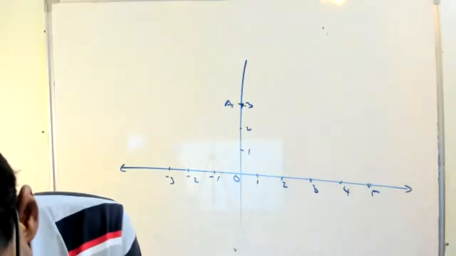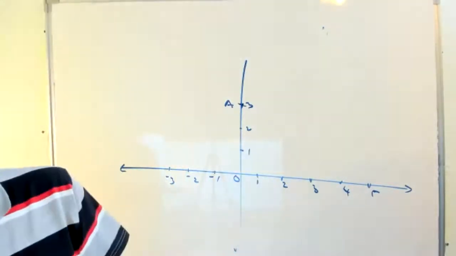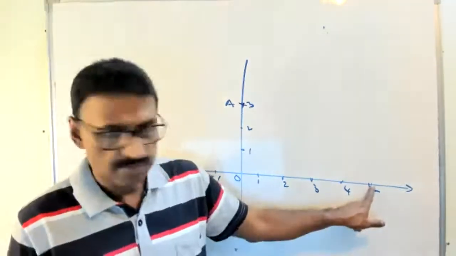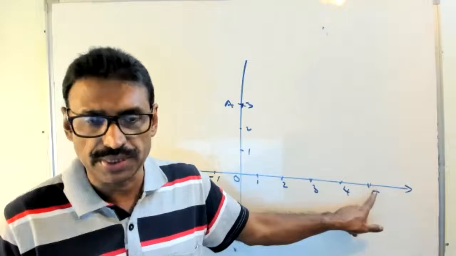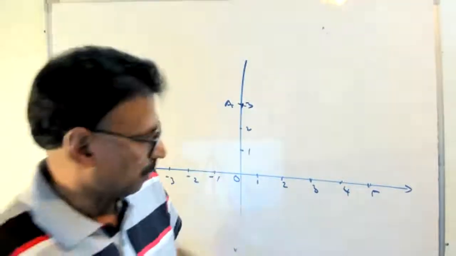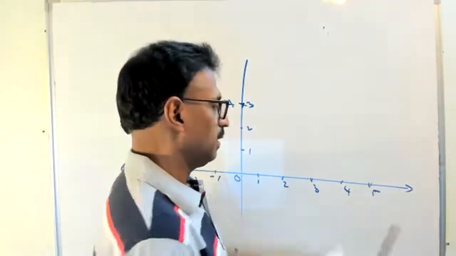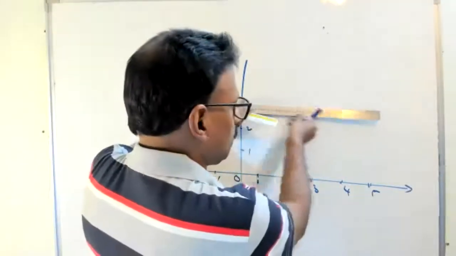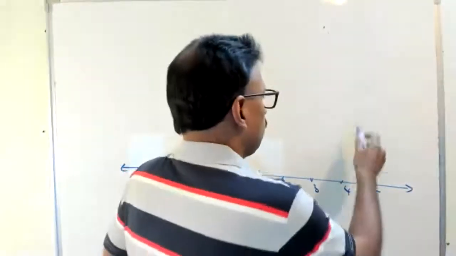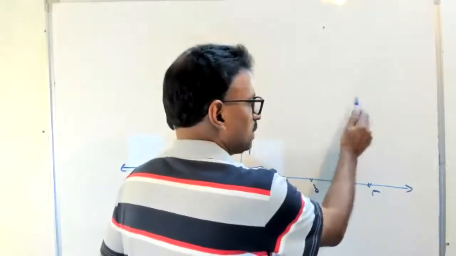Second point, 5, 3. Moira, look here. 5 is here, and 3 is here. 5, 3 corresponds to this point.